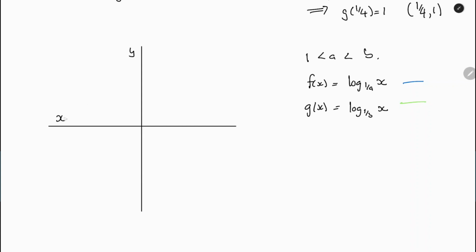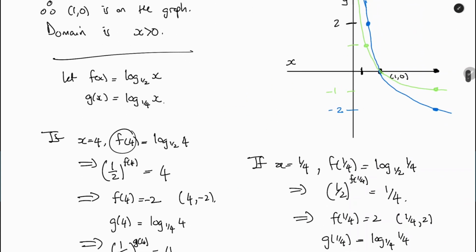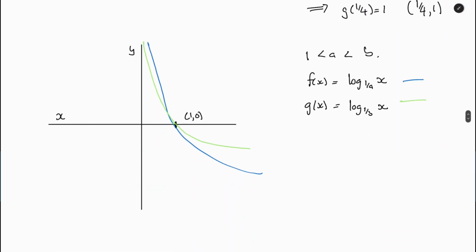Y-axis, x-axis, this is the point 1, 0, and then let me draw it above the axis. And what we're going to have is that the y-axis is the asymptote, and then f is going to look like that, the blue, and g is going to look like this, the green. One more thing I want to point out.